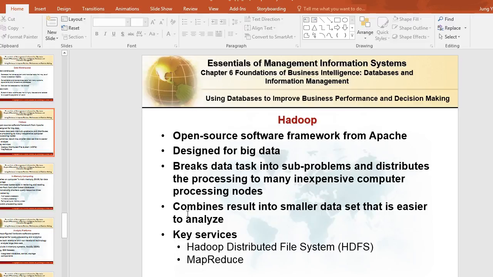A big chunk of the data can be attacked by small computers in a distributed environment, and that is widely accepted in industry to analyze big data. It's also treated as a platform in data warehouse or big data.